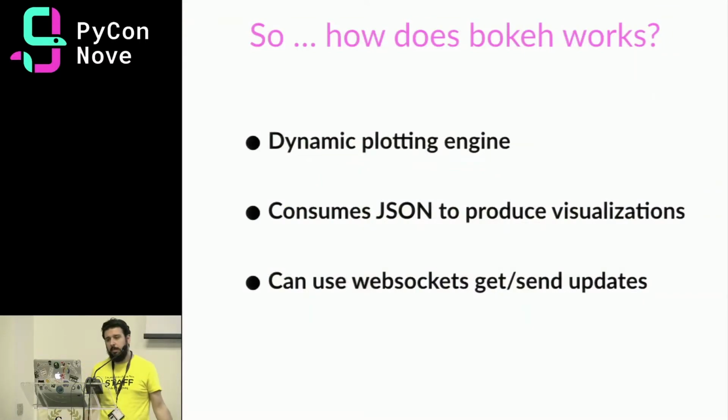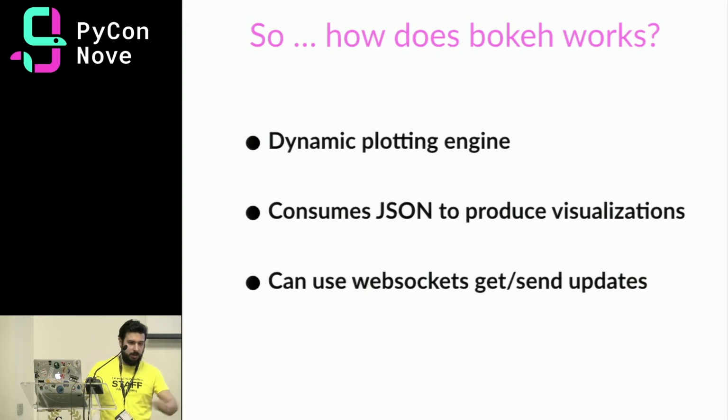It's just a recap. Bokeh works as an engine for dynamic plotting. As you can see, it produces JSON to produce visualization, so you can consume JSON to produce data visualization. And with Bokeh Server, you can feed data with WebSockets to send and get updates from and by the chart, because the interaction is bidirectional.